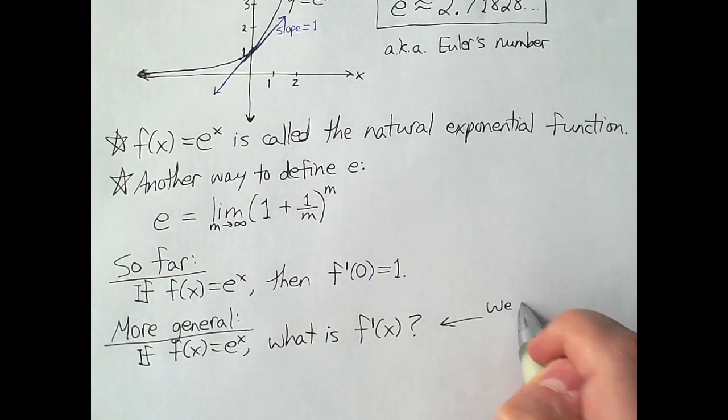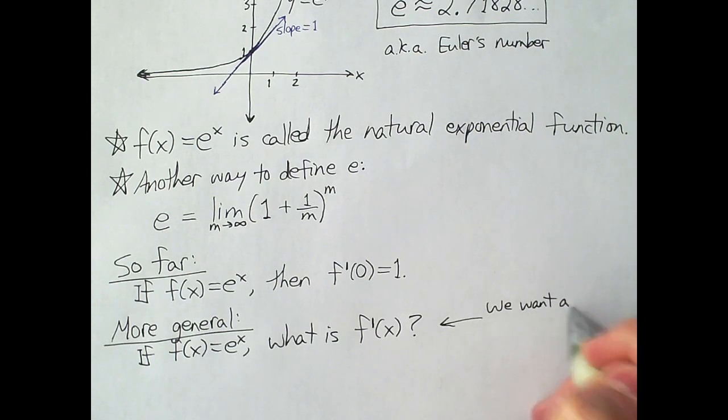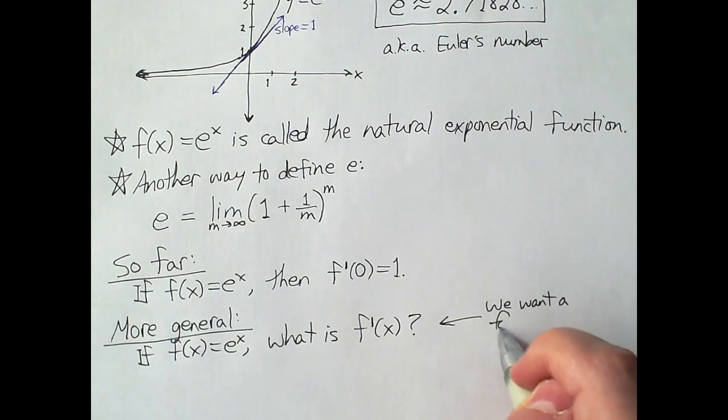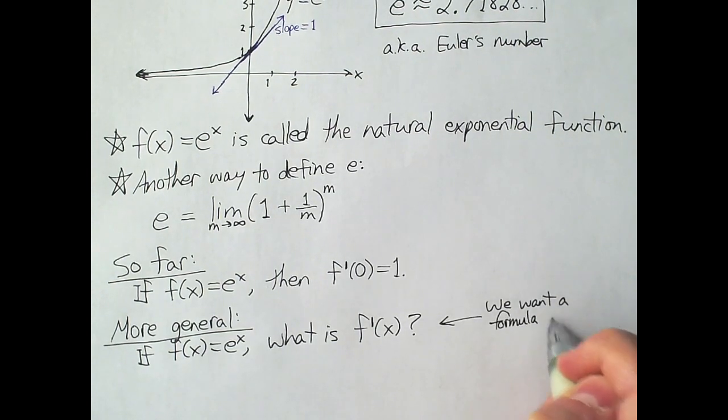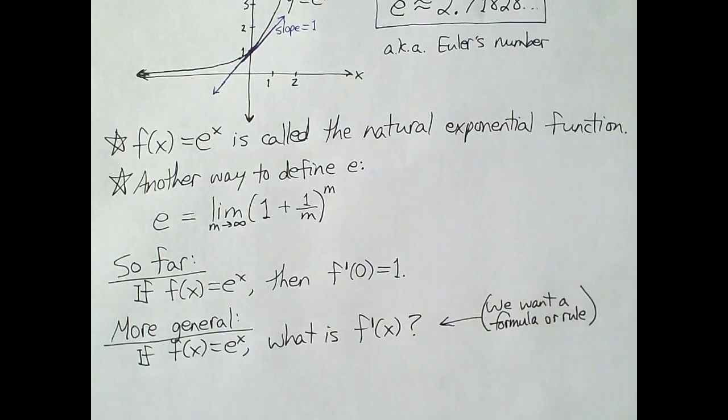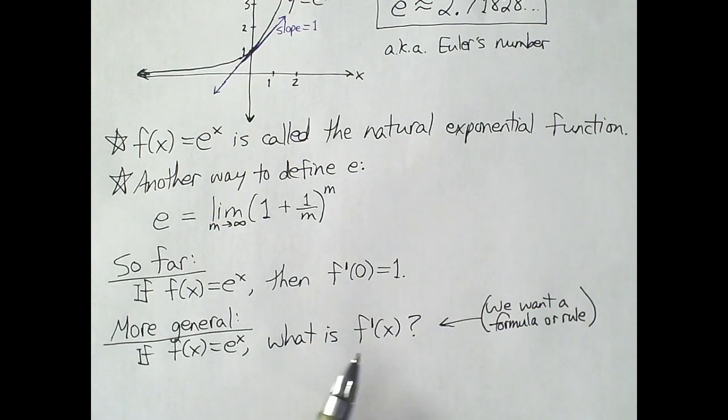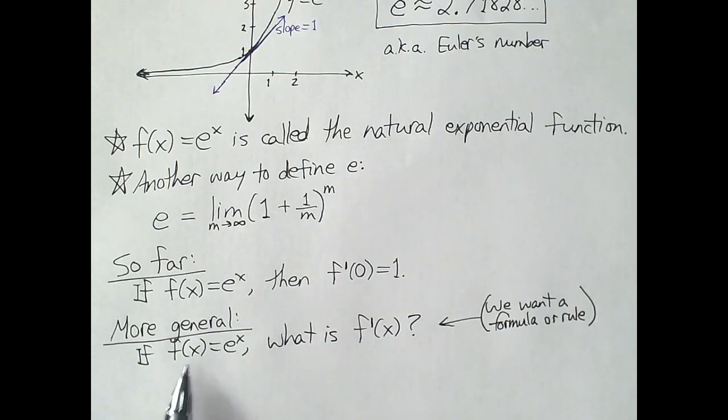By this, I mean we want a formula or rule. We want to derive a formula for the derivative function of e to the x. We already have a bunch of derivative rules, shortcuts, formulas, but a lot of them are for things like polynomials, square roots, things like that, and we need to come up with something new for this situation.